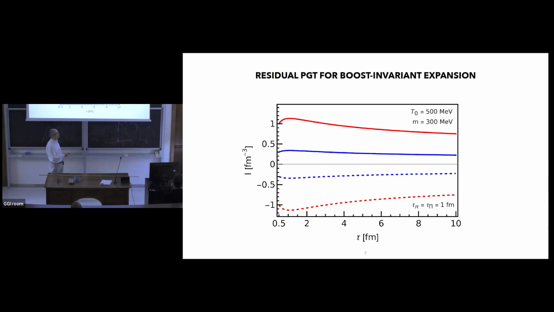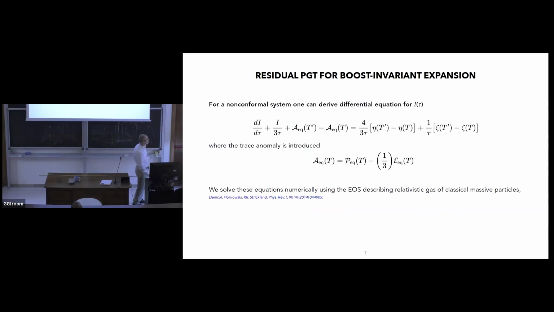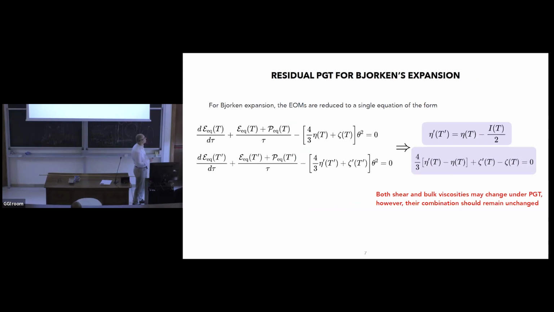But what you can see is that in this very simple system, both bulk and shear viscosity are modified at the same time, but they have to be compensated with respect to each other. And this is something you can easily understand, because if you come back to this equation, you can see that in the Bjorken expansion, you cannot actually distinguish between the bulk and shear viscosity, because the system is one-dimensional.